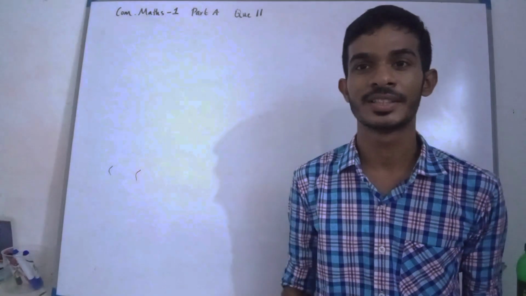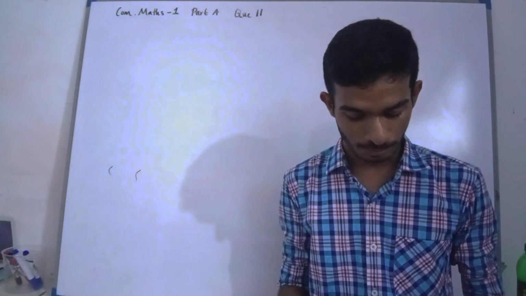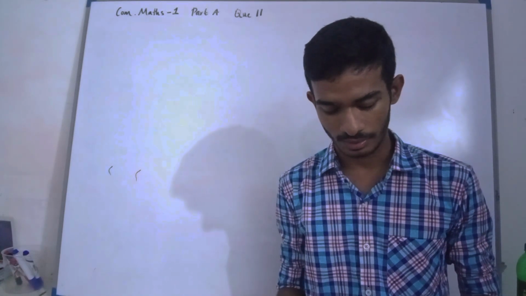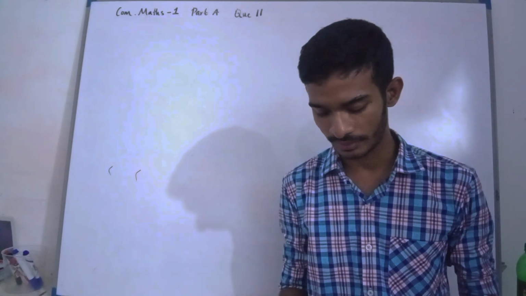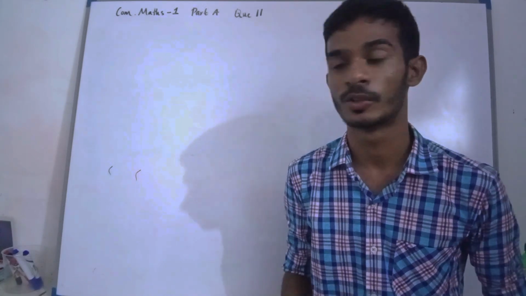So with that information, I will read the 11th question. Part A: let p belong to R and 0 < p ≤ 1. Show that 1 is not a root of the equation p²x² + 2x + p = 0.